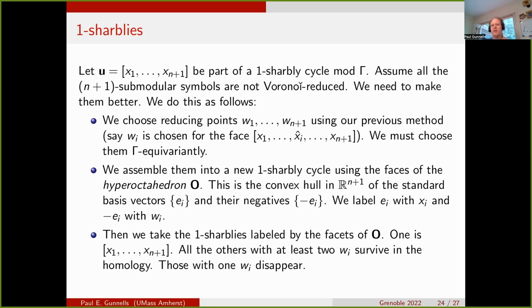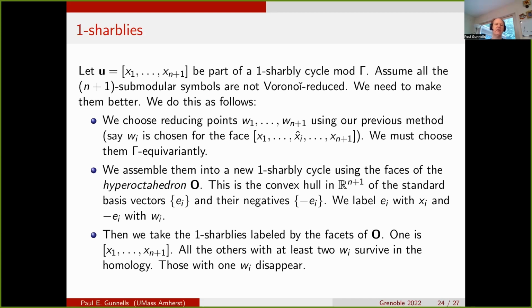I'm labeling them W1 up to Wn+1. My convention is that Wi is opposite the face we obtain, the sub-modular symbol, by deleting xi from the list. Now one complication is that this boldface U is part of a cycle mod gamma.